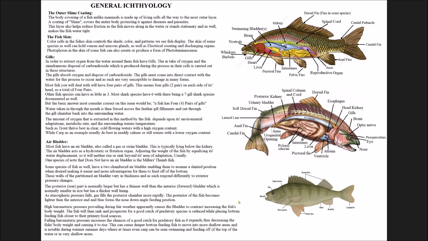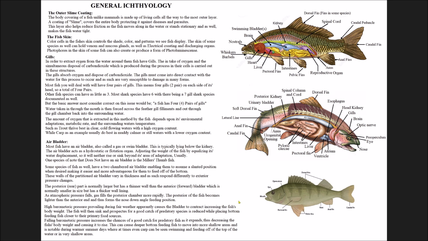As atmospheric pressure falls, gas fills the posterior chamber more rapidly. The posterior of the fish becomes lighter than the anterior end and thus forms a nose-down angle feeding position. High barometric pressure prevailing during fair weather apparently causes the bladder to contract.